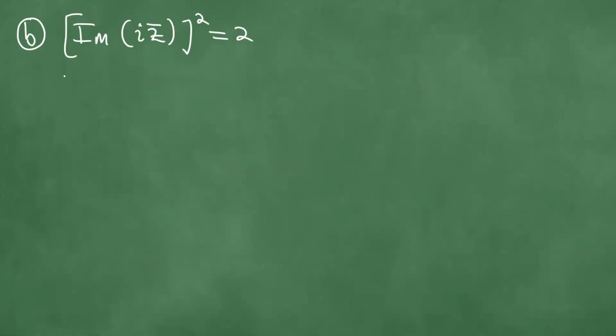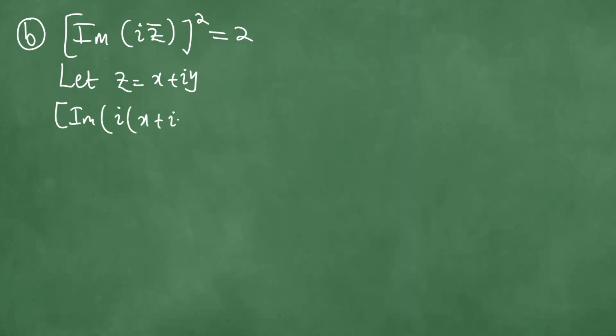Right, so this one we do the same, and we let z be the complex number x + iy, which means the imaginary part of i times the conjugate of (x + iy), squared, equals 2. And what is this?